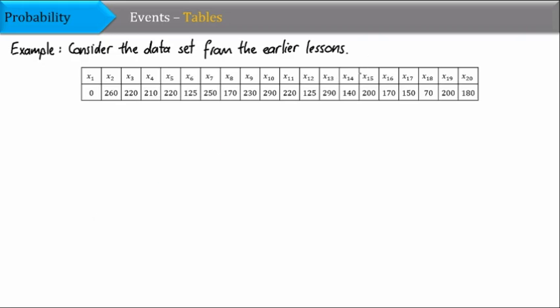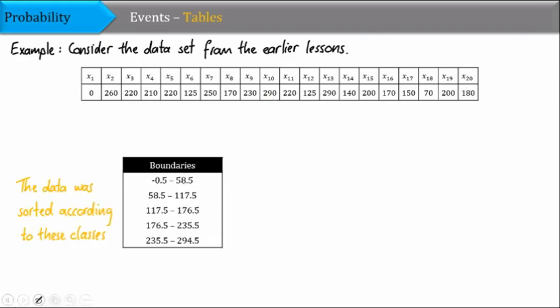So if we consider the data set from the earlier lessons, the 20 observations, and remember capital X denotes the entire data set. This was the one with the values from 0 up to 290 if I remember correctly. Then we sorted it into our frequency table, with these classes, and we counted how many observations there were in each.